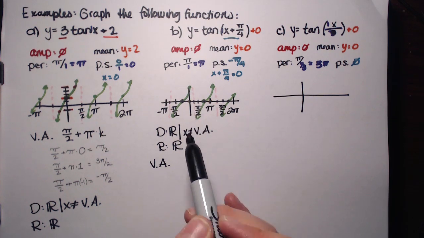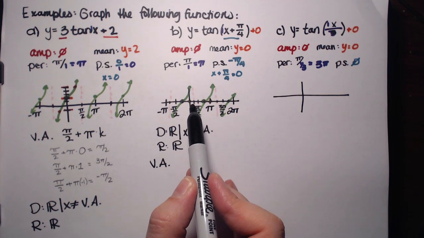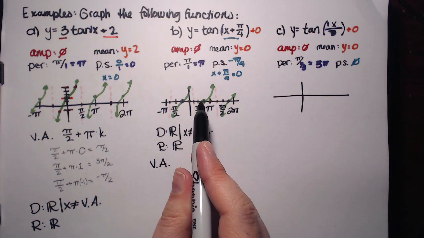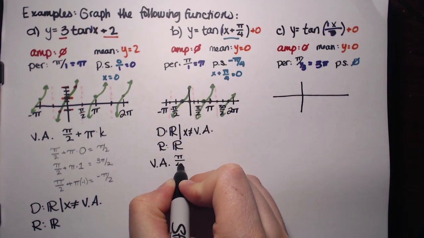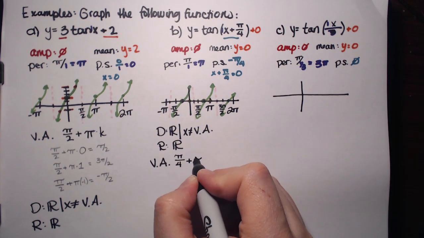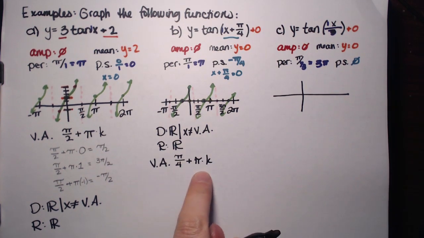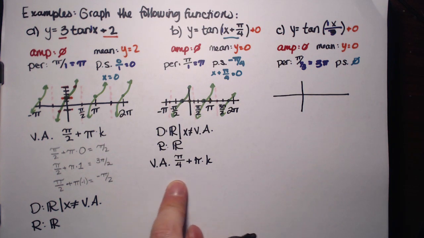So I have to actually think about shifting that as well. So pi halves minus pi fourths gives me pi fourths. And then the rest of it is still the same. Now, if you're getting stuck on this part, I'm not going to ask you this on the test, so don't stress about it.